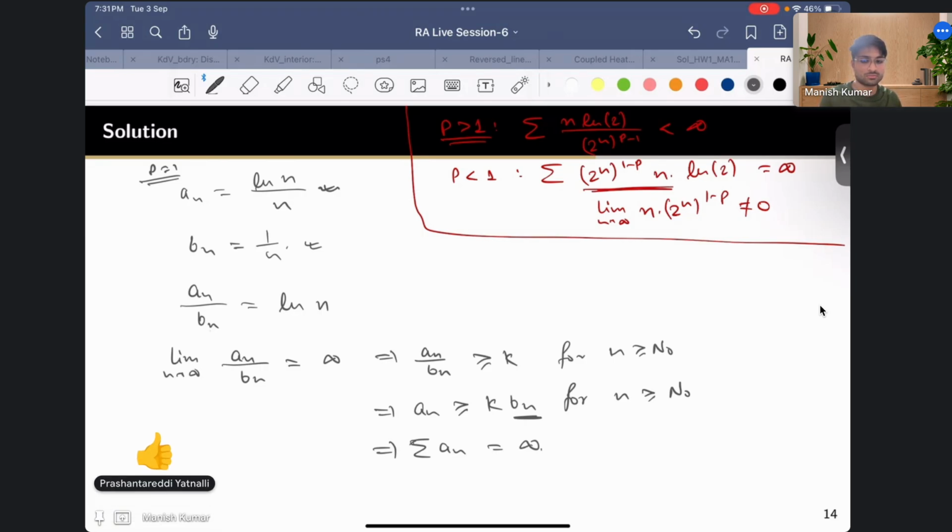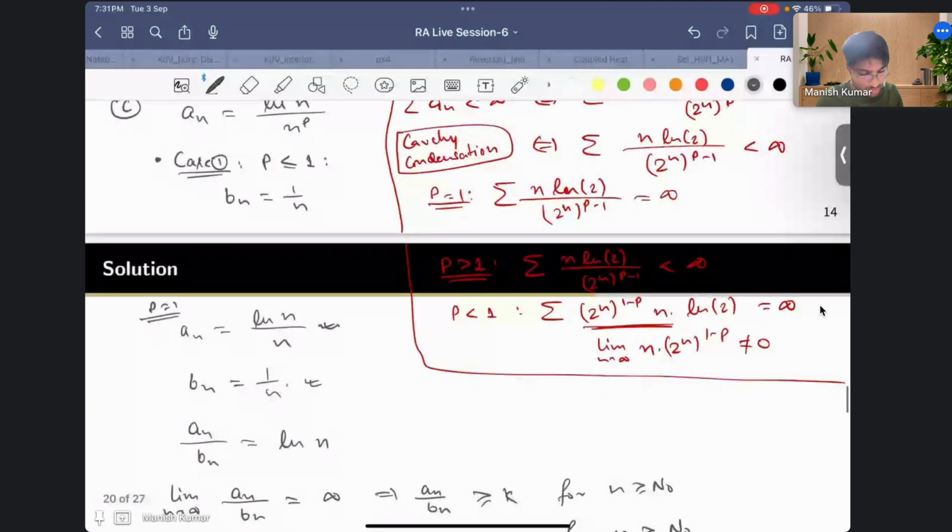Now when you have p less than or equal to 1, what will be the bn? You just take the same, so you choose bn to be 1 by n raised to the power p. So an is this, bn is this, and the same story.